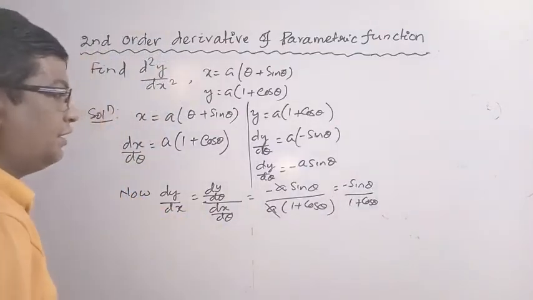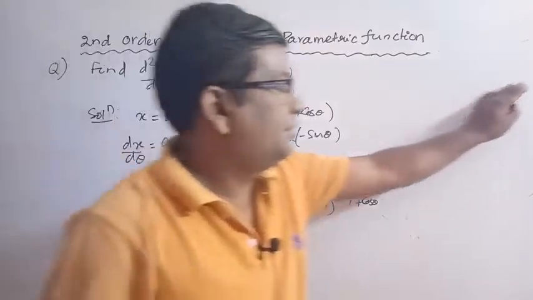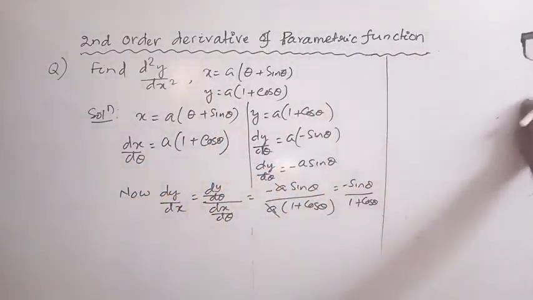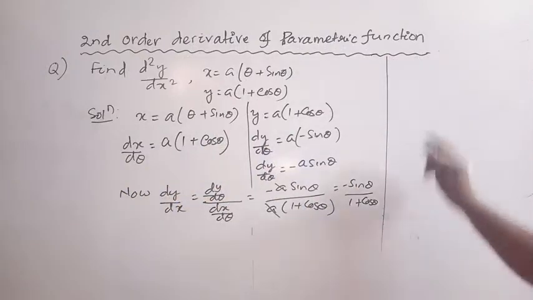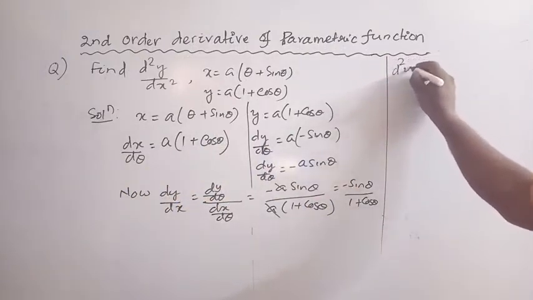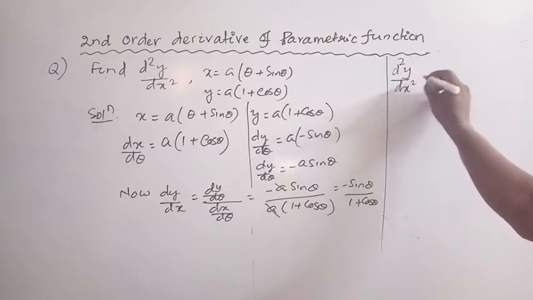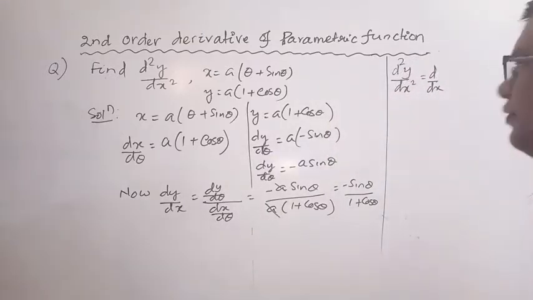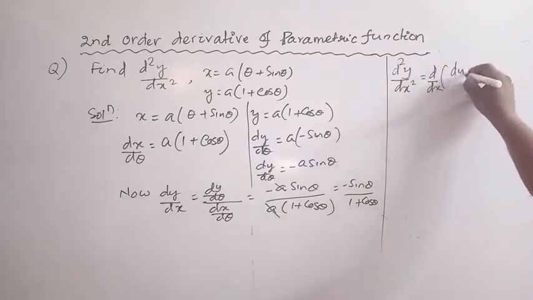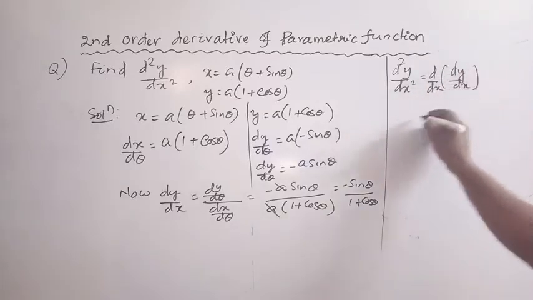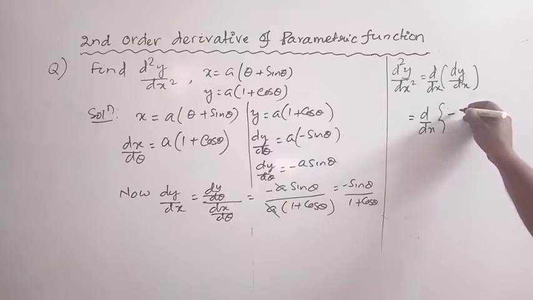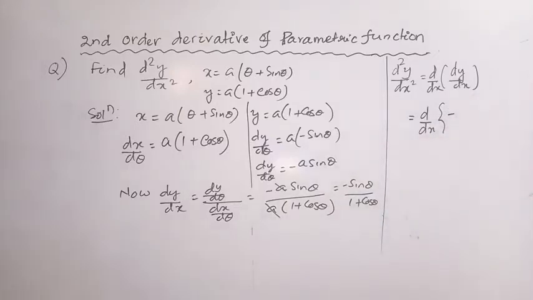Okay, then d square y by dx square, that is d by dx of dy by dx. So what is this? This is d by dx of minus sin theta by 1 plus cos theta.